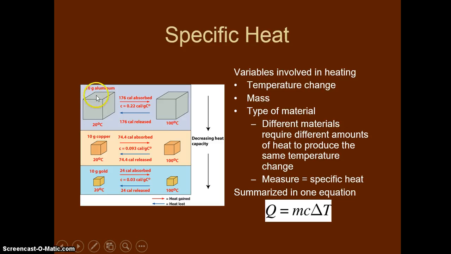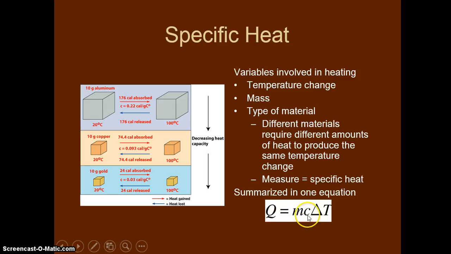So there's 10 grams of aluminum, 10 grams of copper, 10 grams of gold. Notice that these are basically the same amount of material and the same temperature change, right? A temperature change of 80 degrees Celsius.